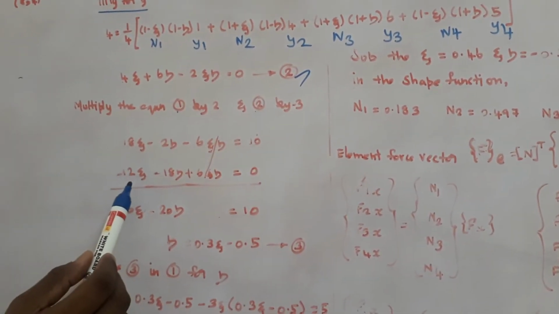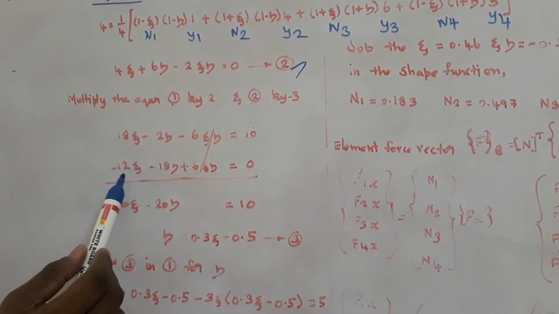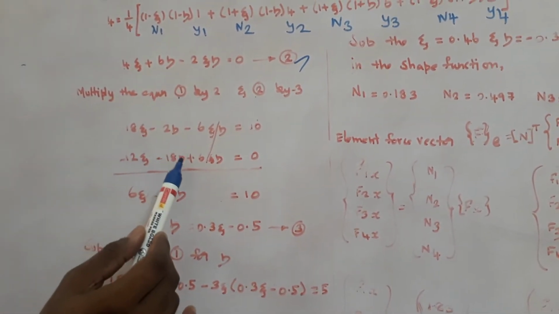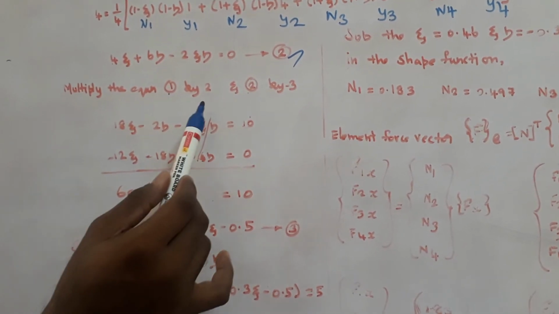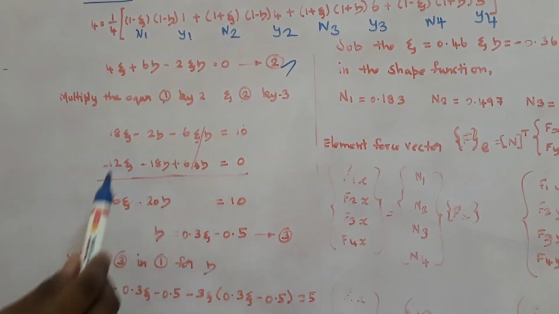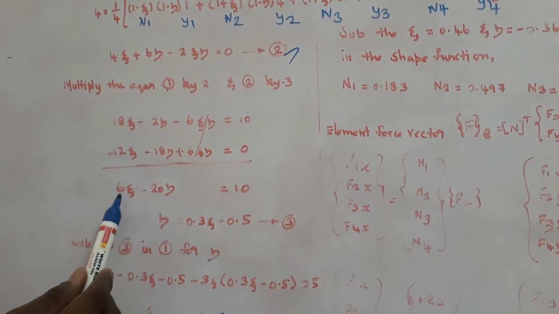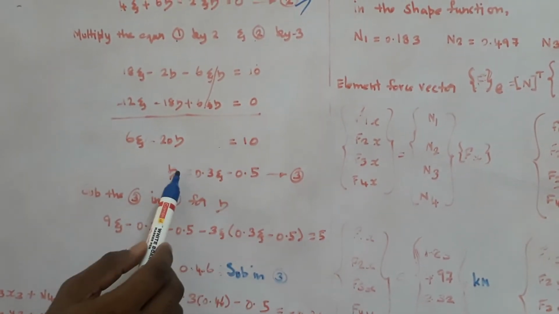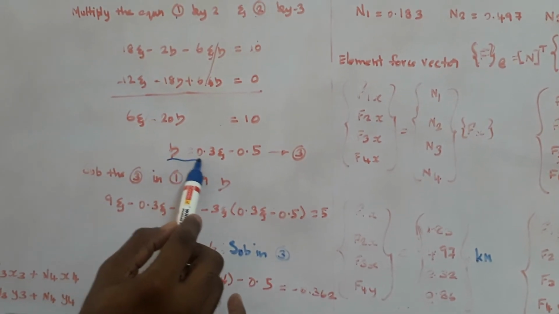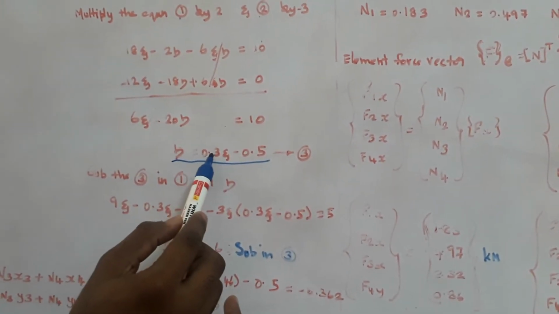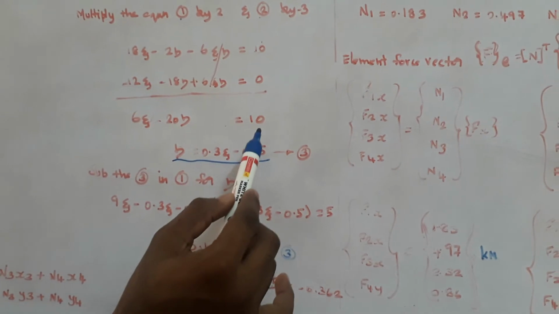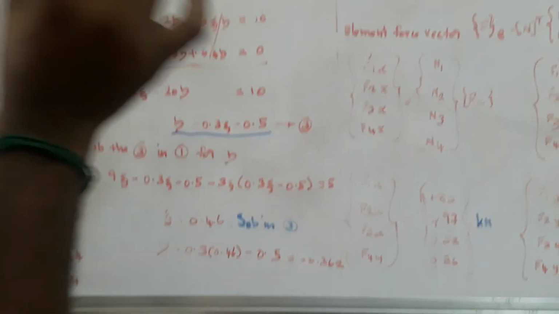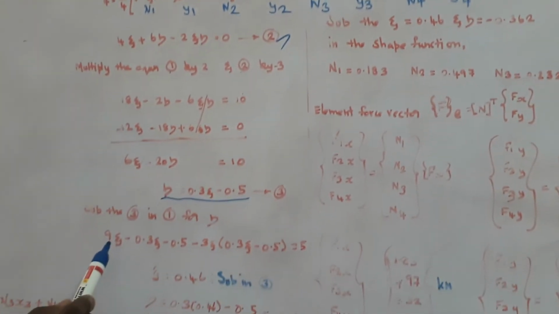If we multiply equation 2 by minus 3, it becomes minus 12 epsilon minus 18 eta plus 6 epsilon eta. So this is automatically cancelled, and the next equation is 6 epsilon minus 20 eta, which is equal to 10, and from this we need to calculate the eta value. The value of eta is 0.3 epsilon minus 0.5, and this third equation needs to be substituted in the first one.